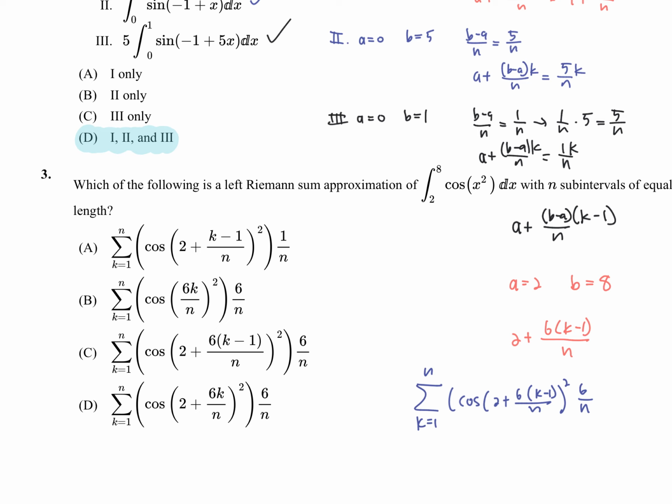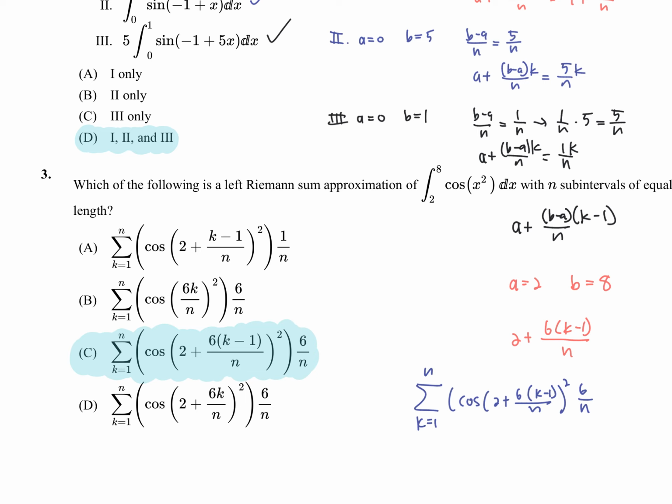Okay, so a little tricky, a little complicated. But notice if you just keep a couple things in mind, it makes it easier. And then with practice, like anything, this will be a little easier. So just notice this a plus b minus a over n times k, or k minus 1, depending on if you're using RRAM or LRAM.